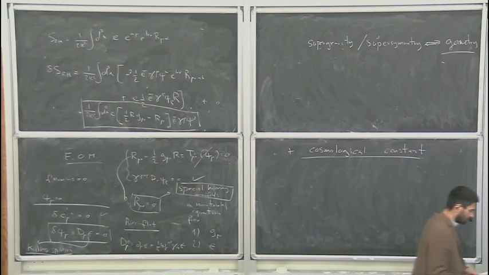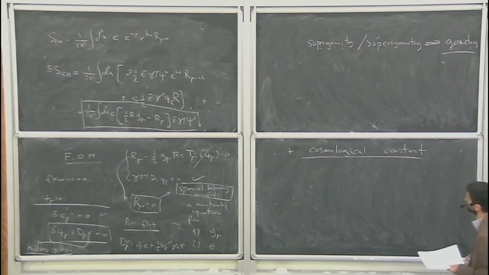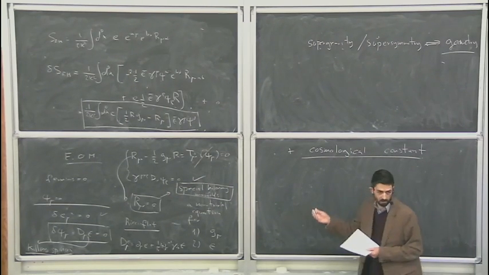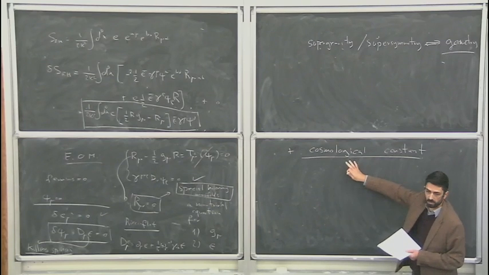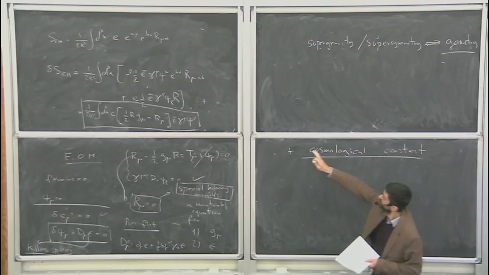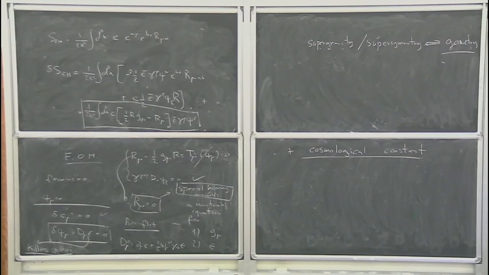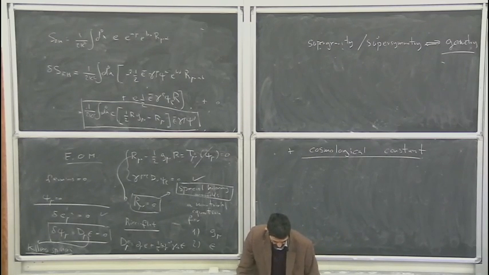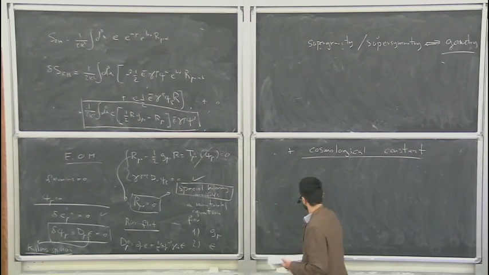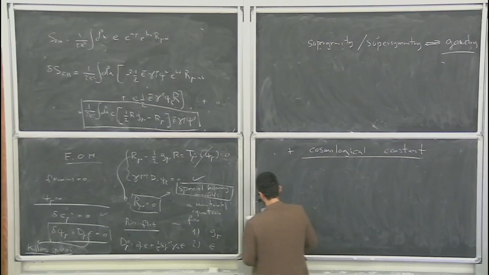But since we want to preserve supersymmetry, we want to worry about whether it's possible, and if it's possible, how to do that, introducing a cosmological constant in the bosonic part of the action and modifying the fermionic part in such a way that the full thing is still supersymmetric. It is possible, of course, and let me give you the answer.